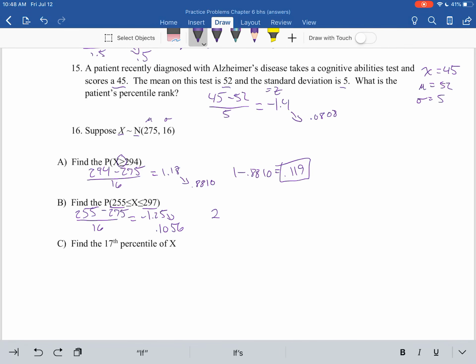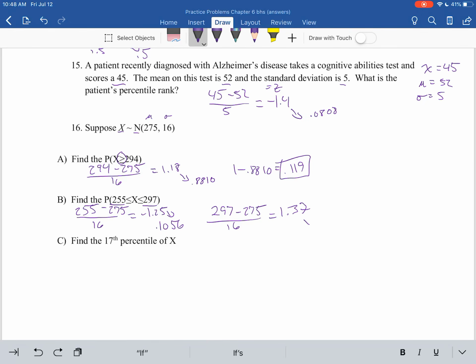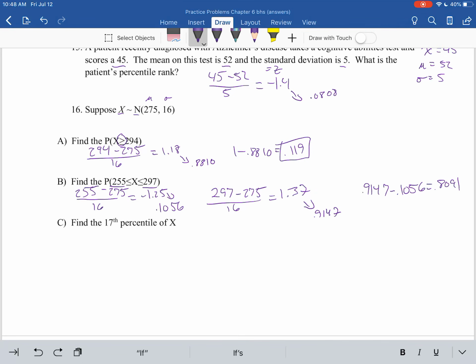Then we go 297 minus 275 divided by standard deviation of 16 equals 1.37. Go to our table in the back, get 0.9147. Subtract these values out to find the value between them, and you'll end up with 0.8091.